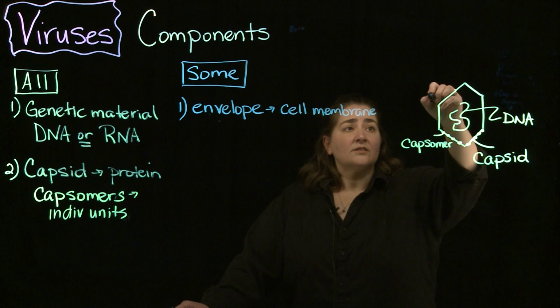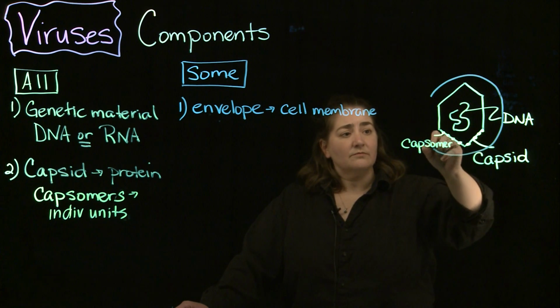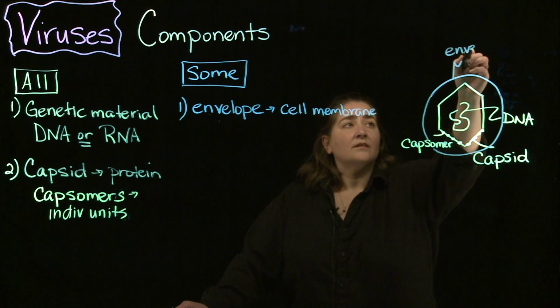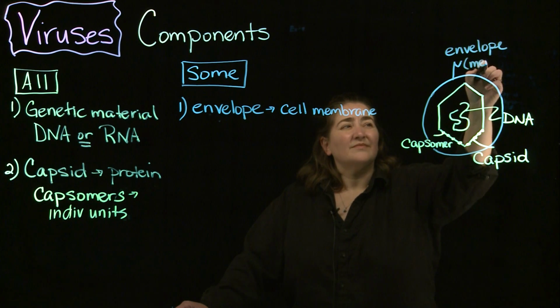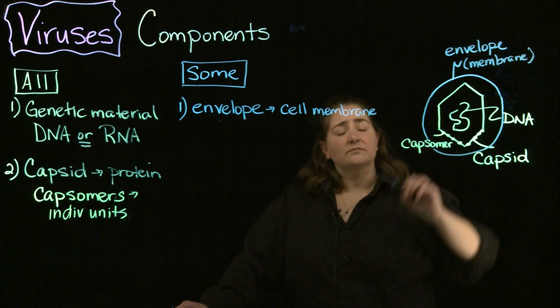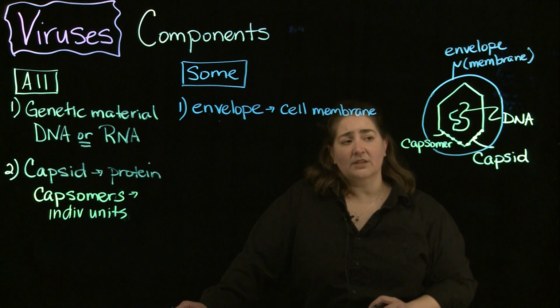So if I draw a blue circle here, this is our envelope. That envelope is essentially a membrane. It provides another level of protection for the particular virus.